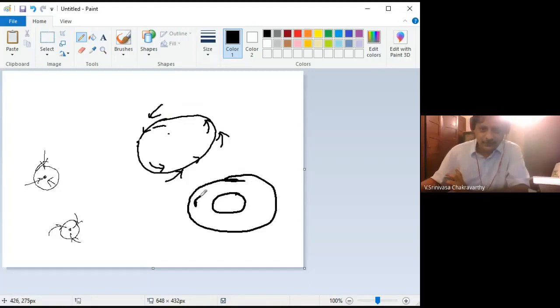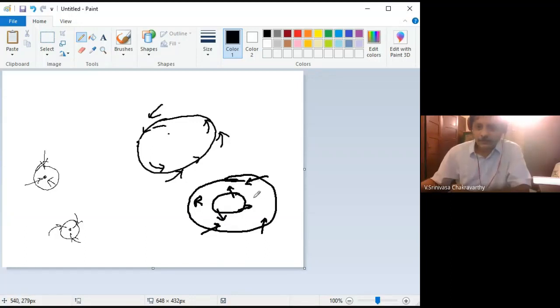I'll call this region R. And you have to show that for the outer border, all the flow leads you inside. That means the vector field on this contour, all the arrows should point inwards. Similarly, for the vector field on the inner contour, all the arrows should point outwards.